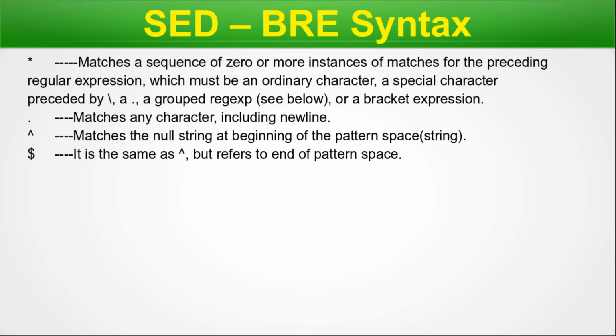By pattern space, what we can understand is a string: beginning of a string or end of a string, or if it is a line, the beginning of a line or the end of a line. So this pattern space means a particular text stream which is captured inside delimiters.